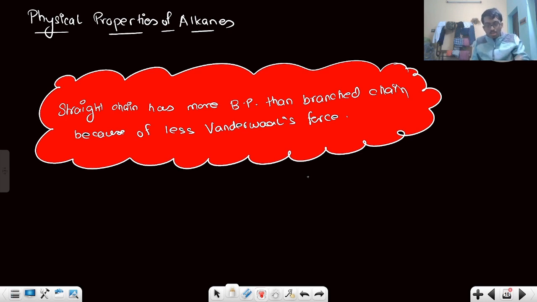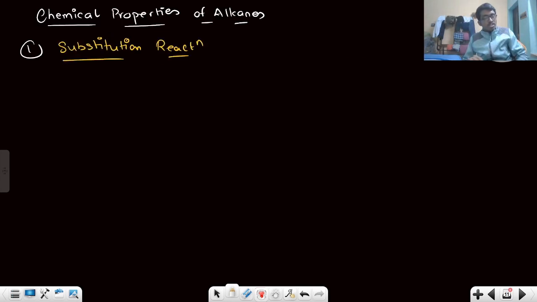Next will be chemical properties of alkanes. Alkanes will chemically do some reactions that we are going to study in this part. The first sort of reaction is substitution reaction.